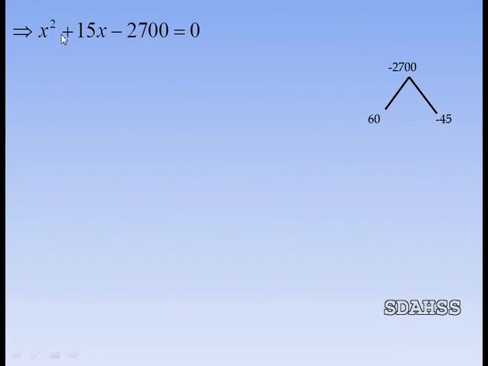So this equation can be written as x square, keep the first term as it is, plus in the place of 15x you write 60x minus 45x, minus 2700, keep the last term as it is, equal to 0. In the first two terms x is the common factor, so take it outside.